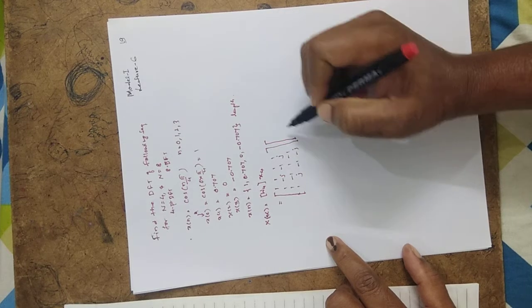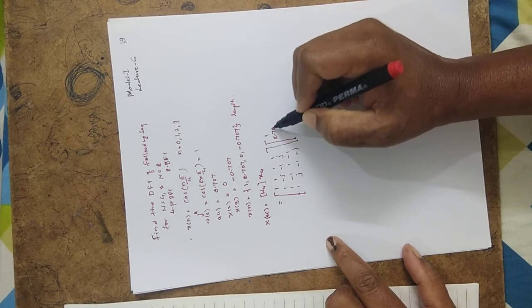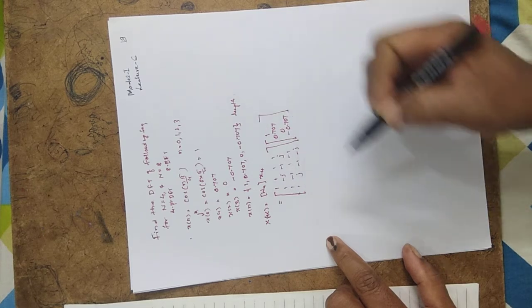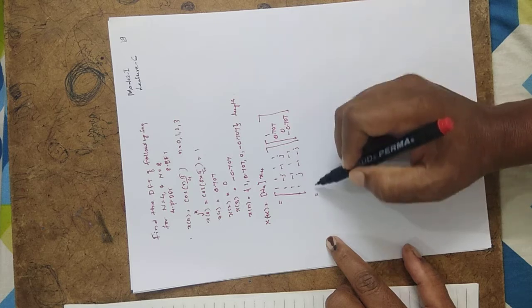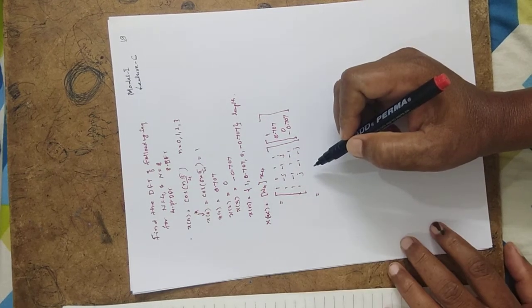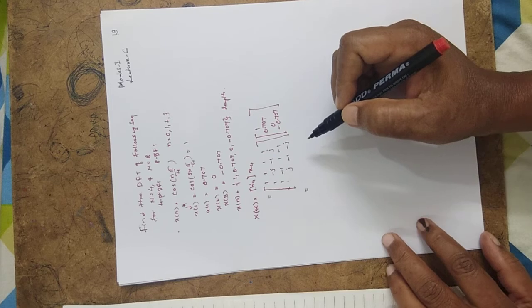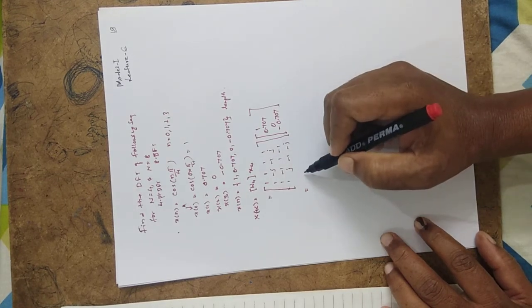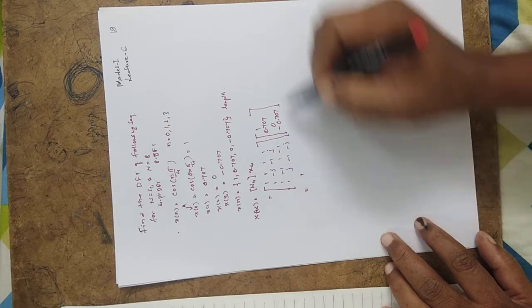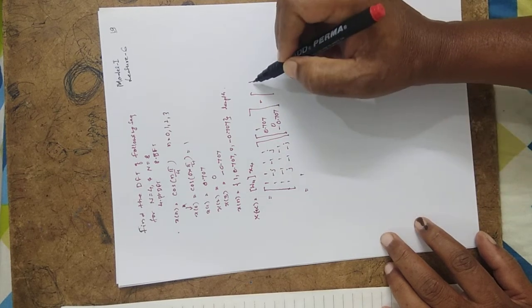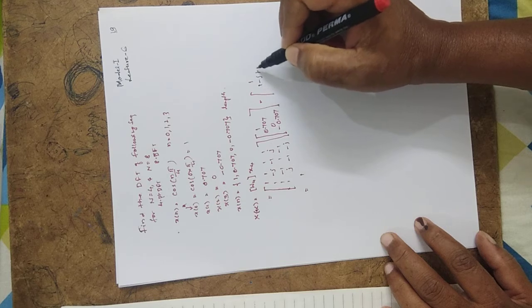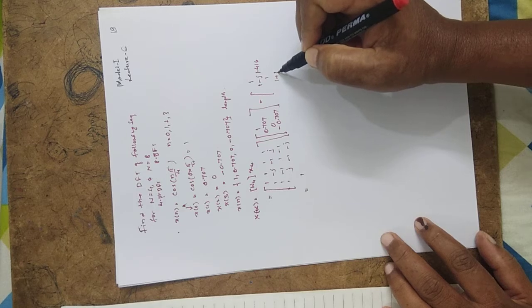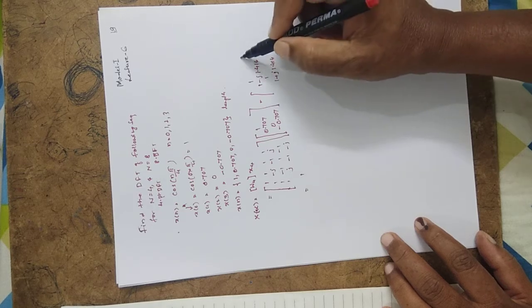Multiply it with 1, 0.707, 0, minus 0.707. The resulting answer is 1, 1 minus j 1.414, 1, 1 plus j 1.414.